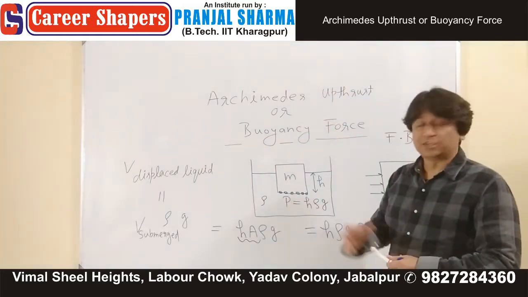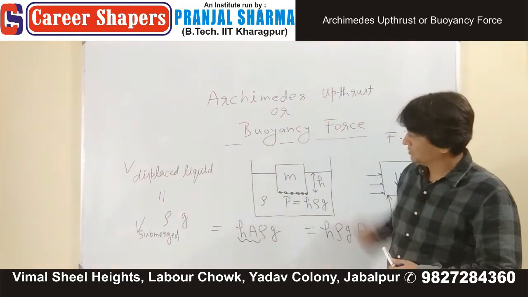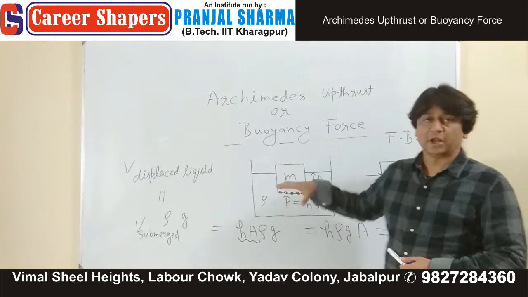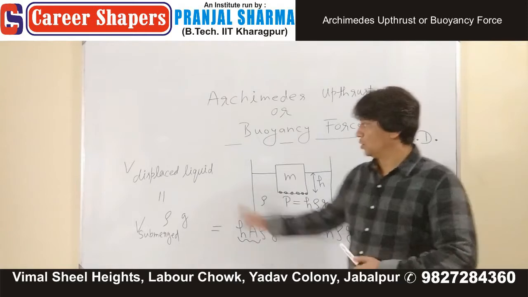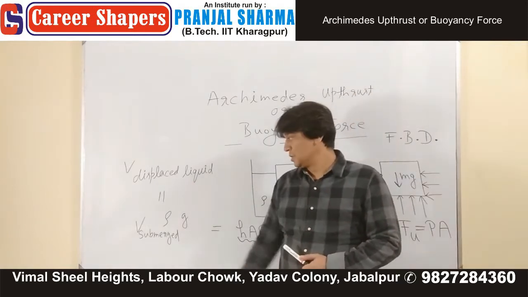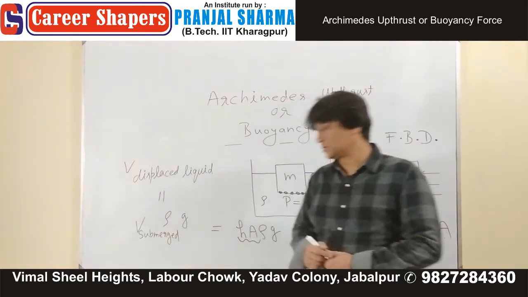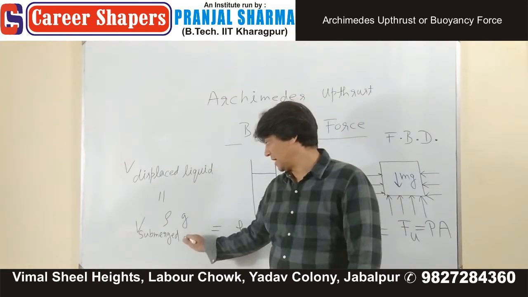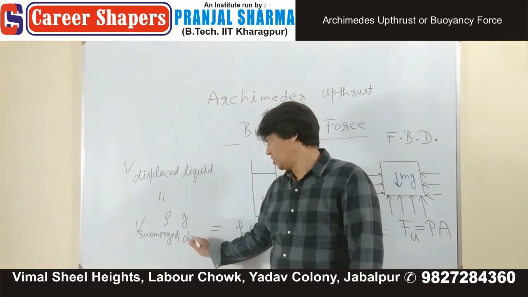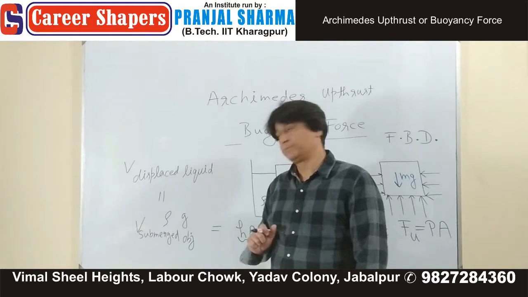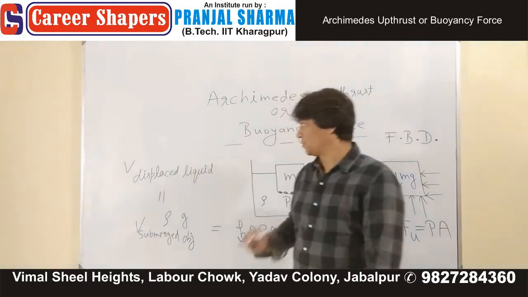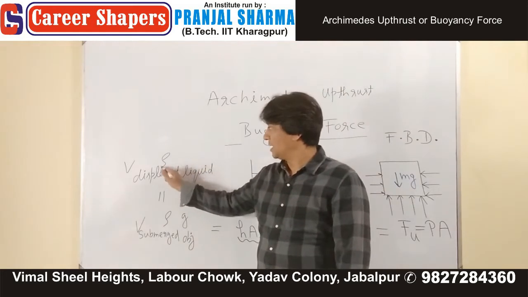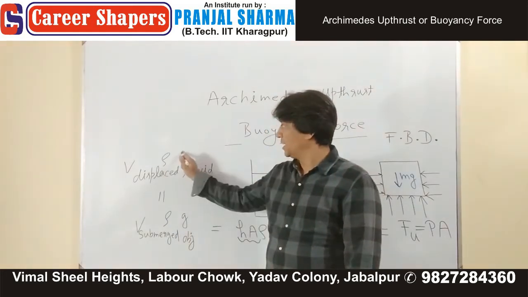If you submerged something, as much as you submerge it in the liquid, that much liquid will be displaced. This is volume of submerged object. If you wish you can write like this, volume of submerged object, which is same as volume of displaced liquid, multiplied by density of liquid into g.